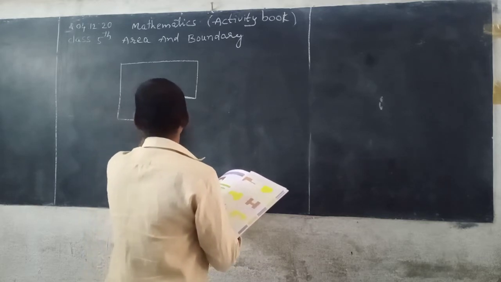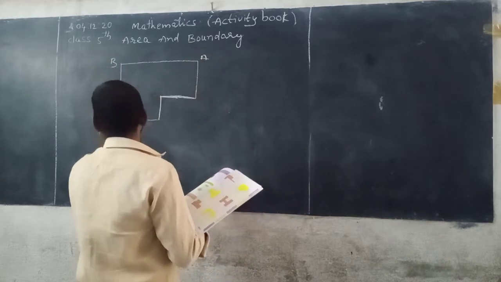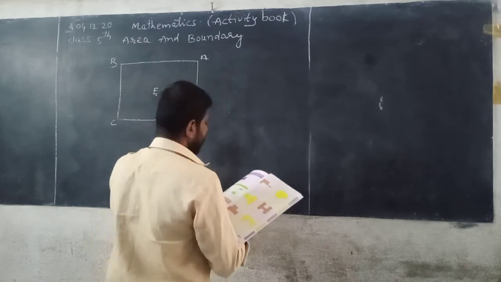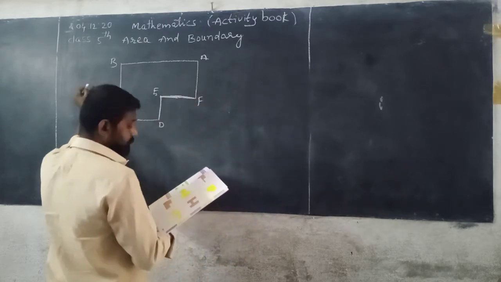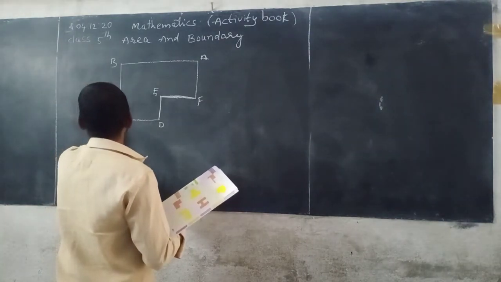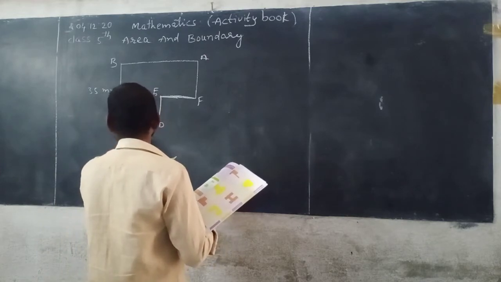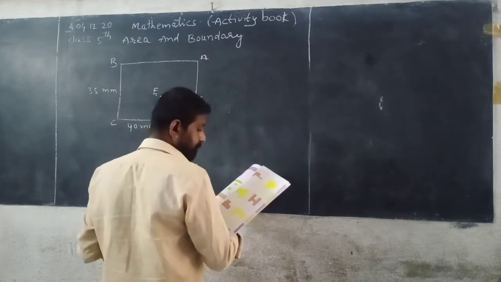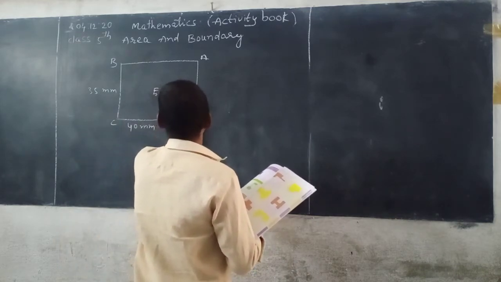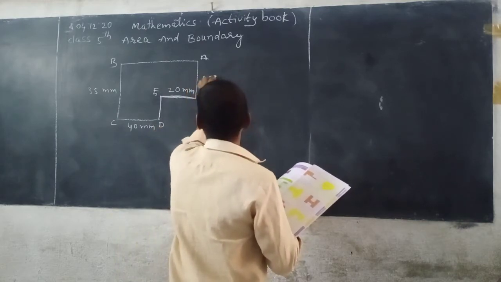See here, this is A, B, C, D, E, F. Here AB, this is 35 millimeter, BC, now this is 40 millimeter. Listen carefully. This is 20 millimeter. So this is 25 millimeter.